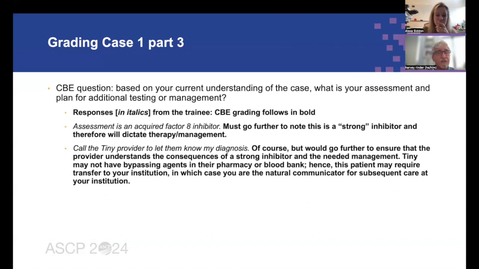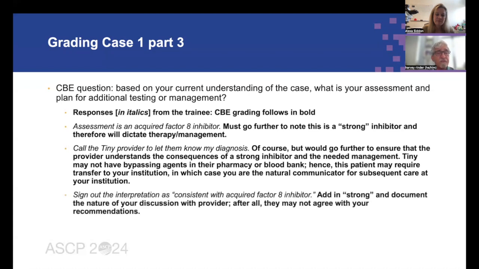But I think they might even go a little further to ensure that the provider actually understands the consequences of a strong inhibitor and the needed management. This is now part of systems-based practice. The tiny hospital may not have the appropriate bypassing agents for therapy in their pharmacy or blood bank. So the patient may require transfer to your institution, in which case you're now the natural communicator for subsequent care.